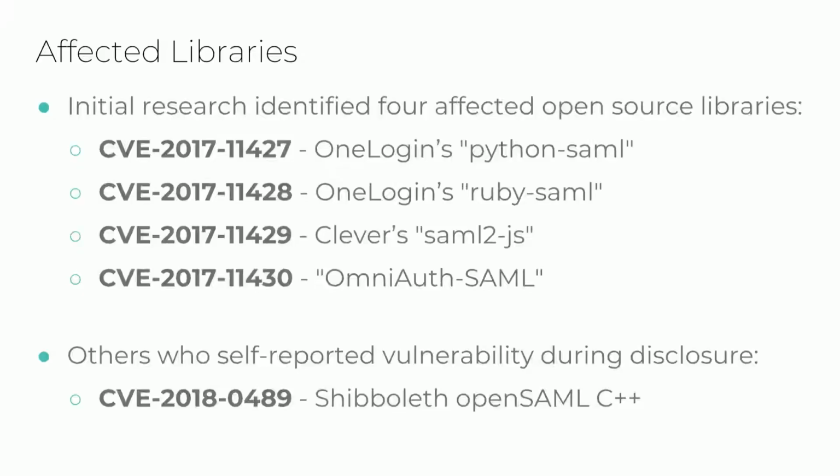So the initial research identified 4 open source libraries that were affected: Python SAML, Ruby SAML, SAML2JS, and Omniauth SAML. The last project was actually built using Ruby SAML, so the presence of the vulnerability had propagated into a completely different project. And then throughout our disclosure process, there had been additional projects that self-reported being vulnerable, such as Shibboleth's OpenSAML C++.